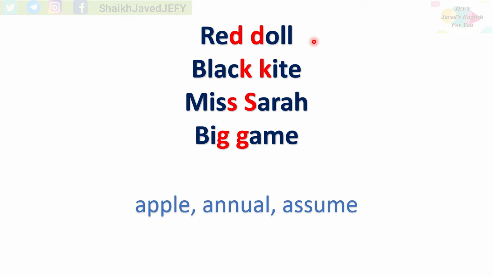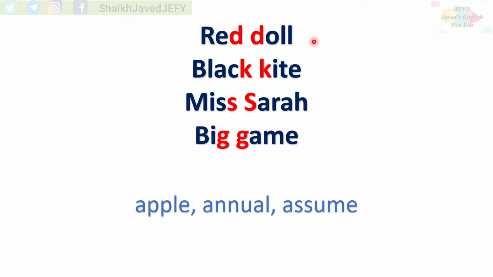So do not speak these sounds separately. Do not say red doll, red doll. That would be very rough. If you have to speak fluent English, you will have to mix these two sounds. You will have to say red doll, red doll.